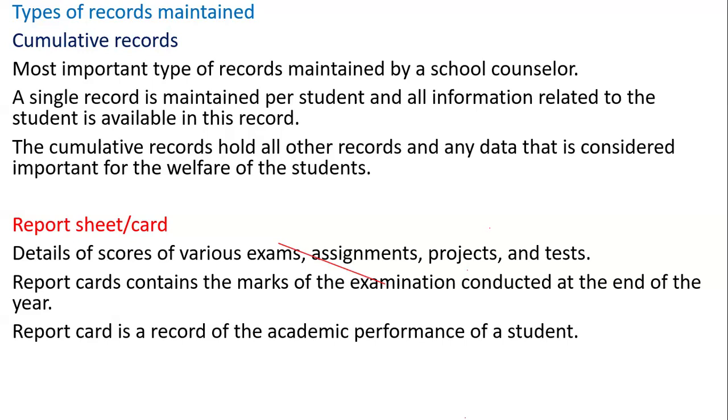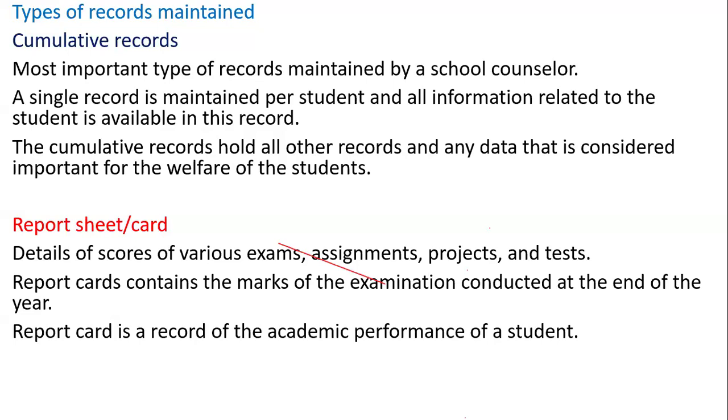So then what is included in these cumulative records? Information related to the student. A single record is maintained per student. Each student has a record, and all the information related to the student is available.